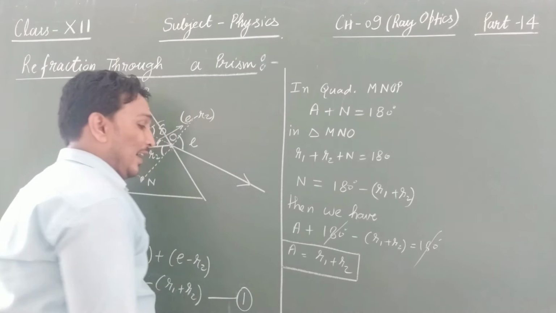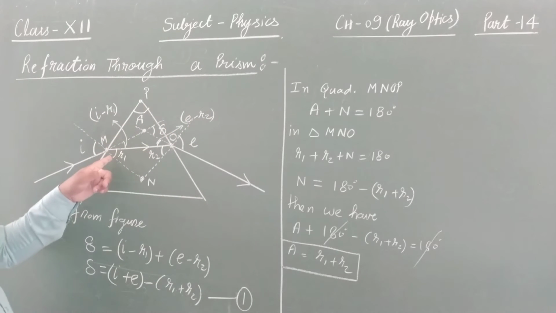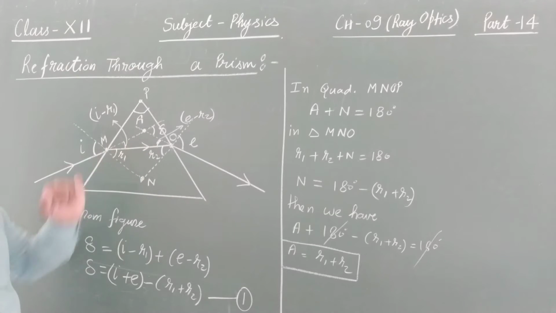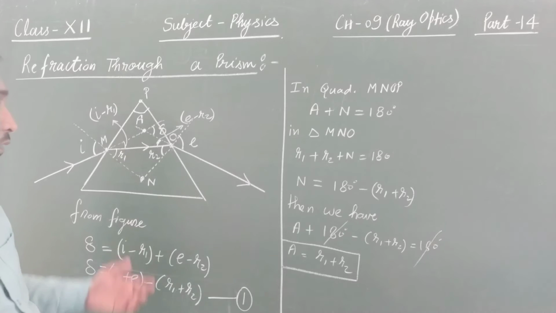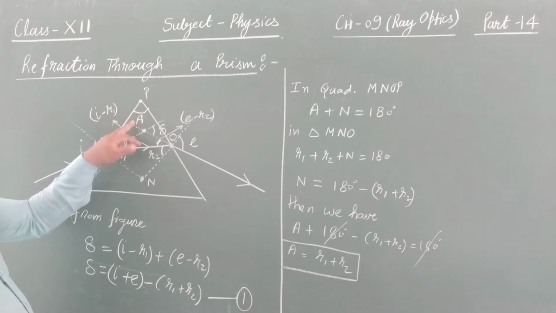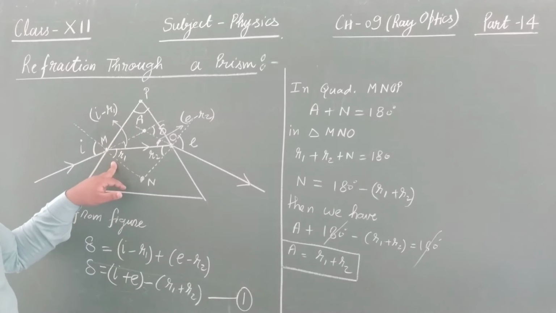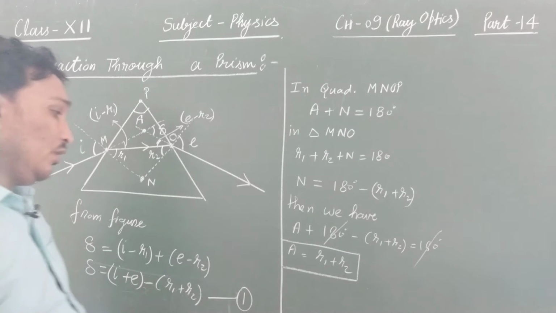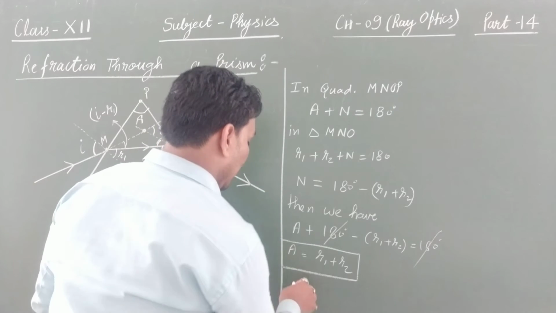We can say that the angle of prism is equal to the sum of angle of refraction at the first face and angle of incidence at the second face. It will follow in all the cases. Angle of prism is equal to angle of refraction at the first face and angle of incidence at the second face.